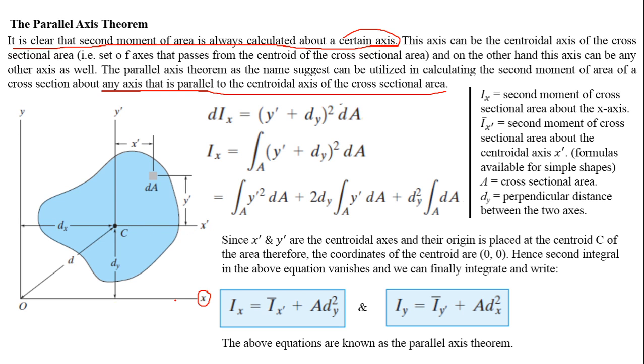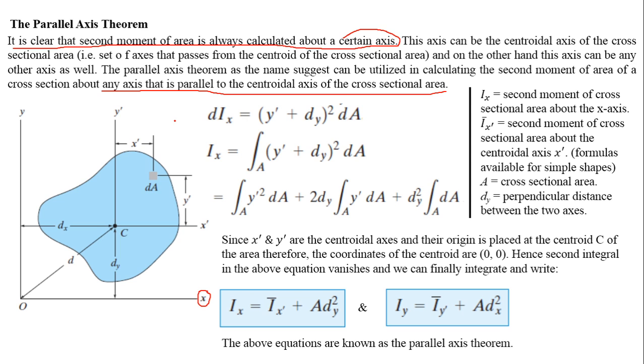Okay, and which is another axis. This x axis is not the centroidal axis, so it is some other axis, but it is parallel to the centroidal axis. Similarly, this y axis is some other axis, but it is parallel to the centroidal y dash axis. So the parallel axis theorem can be used to calculate the second moment of area about any axis that is parallel to the centroidal axis of the cross section area.